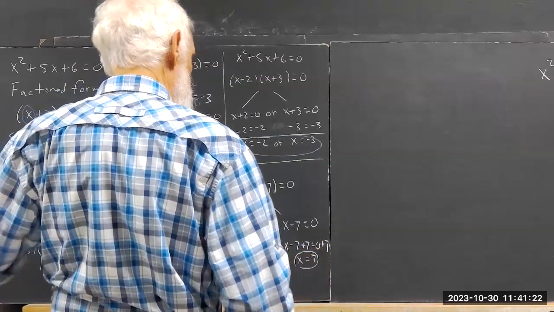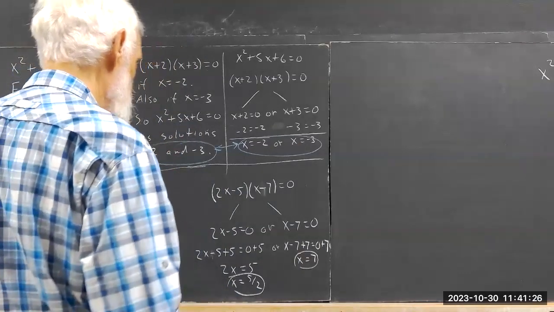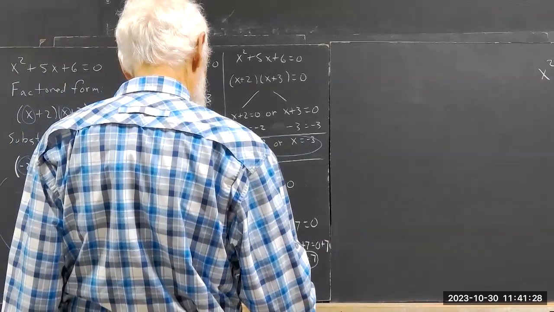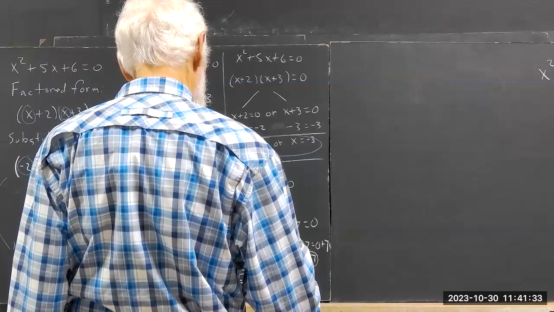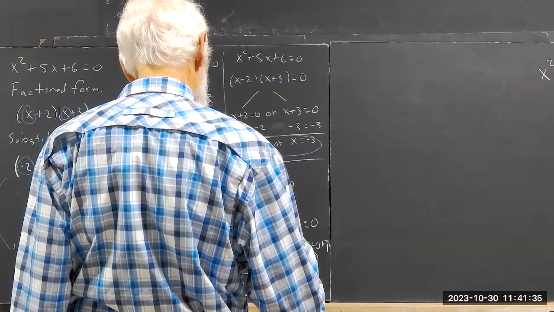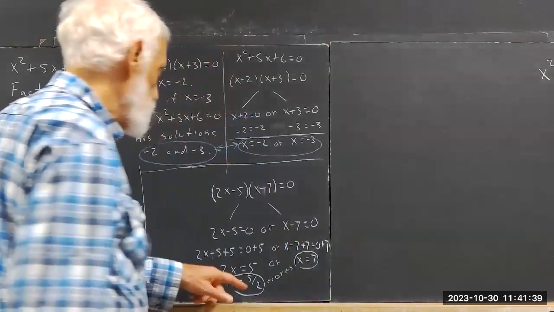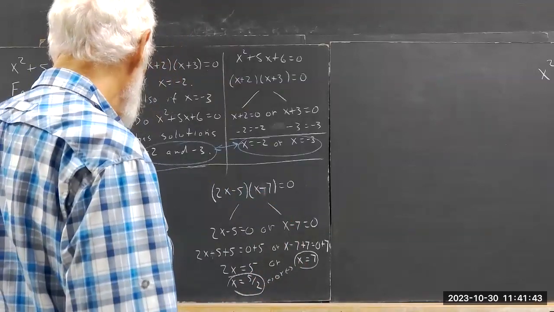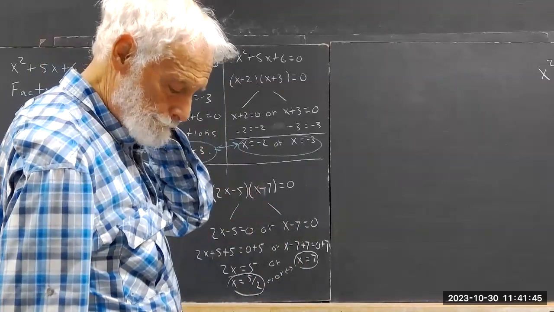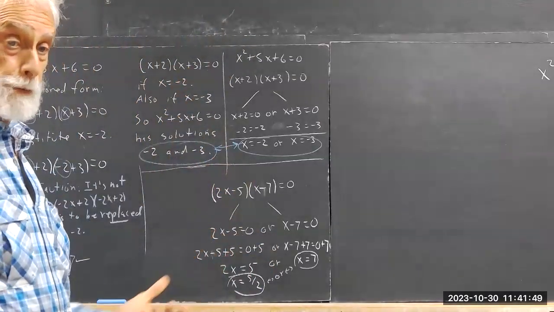So x equals 5 halves and x equals 7 are our two solutions. So 5 halves is a solution, or 7 is a solution. So this is how we solve an equation by factoring.